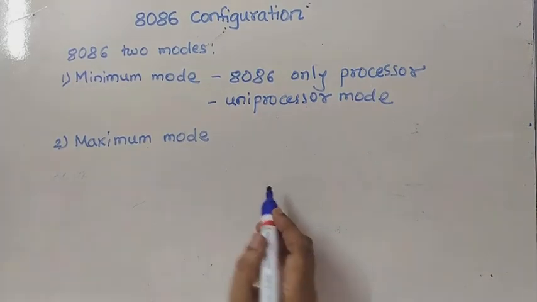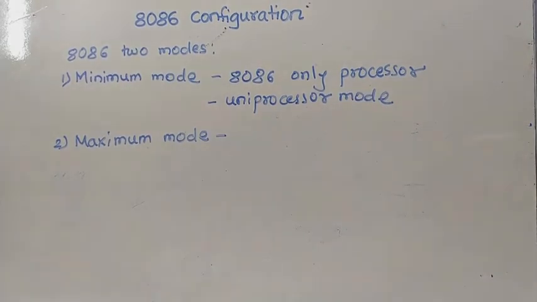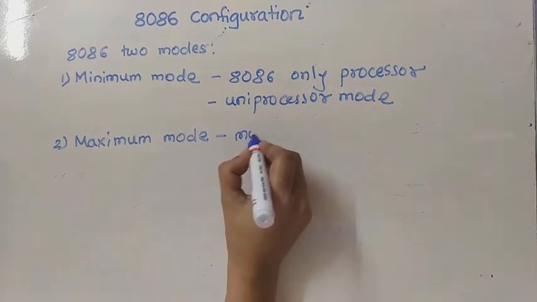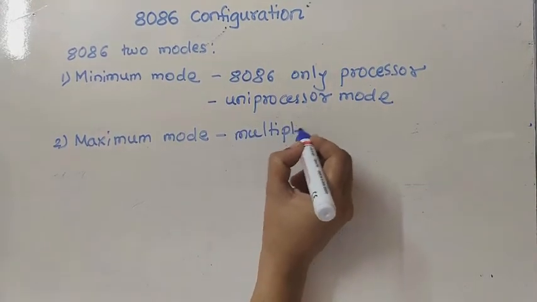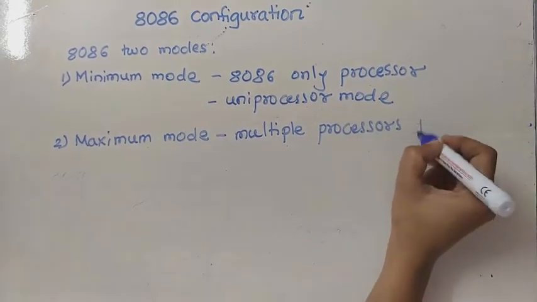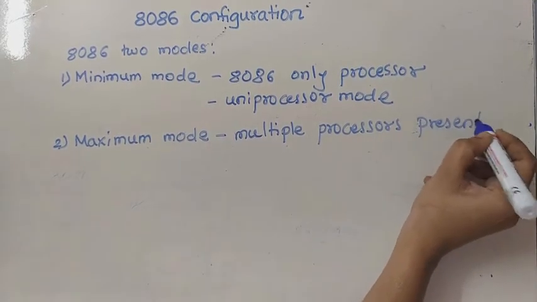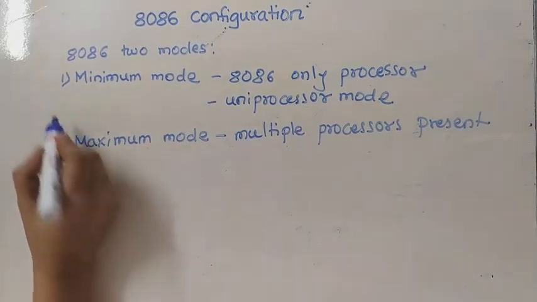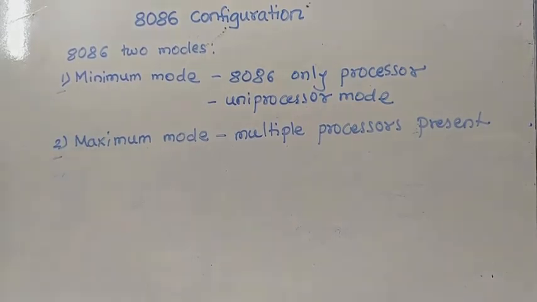While in maximum mode, multiple processors can be present in the system. So these are the two modes in which 8086 can work.